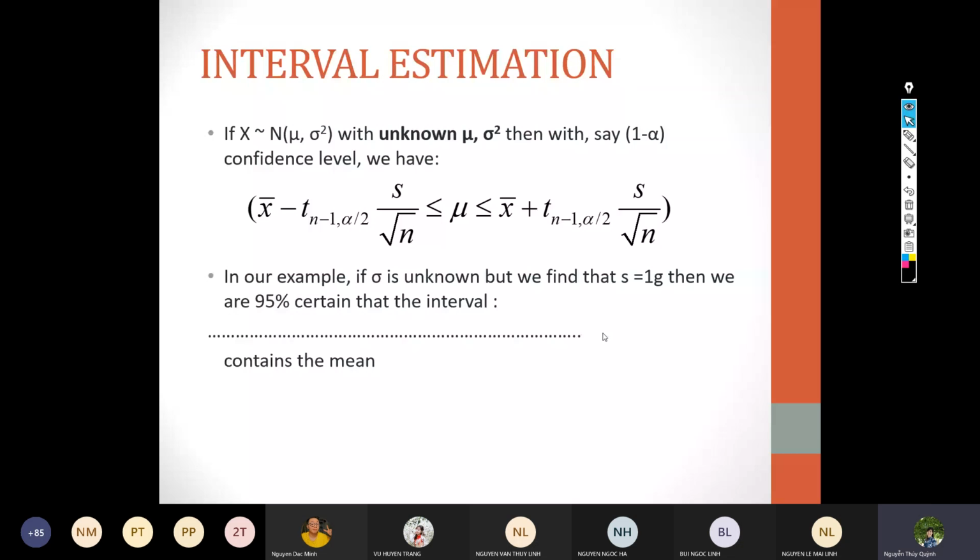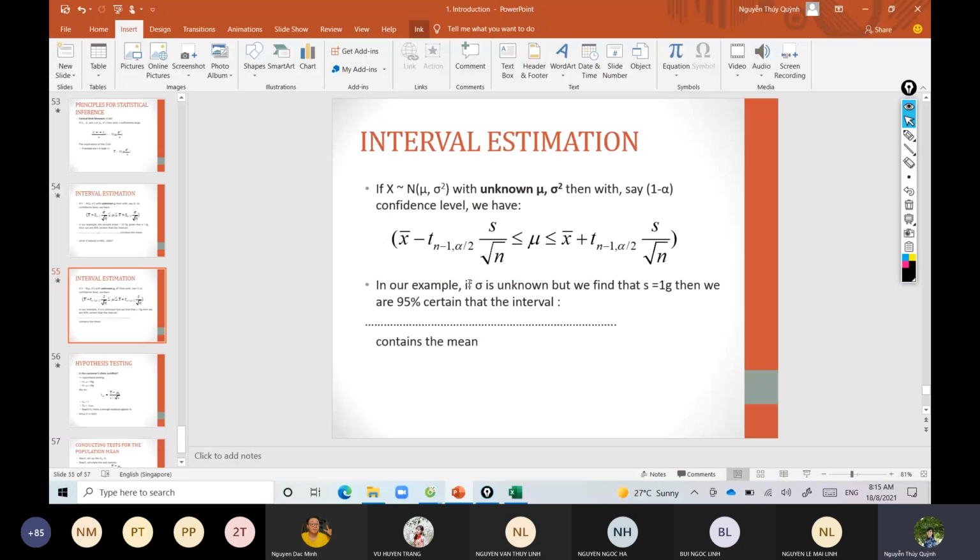Anyone? Can you look up the value of t? 2.0301. Do you know how to look up the value of t in Excel?